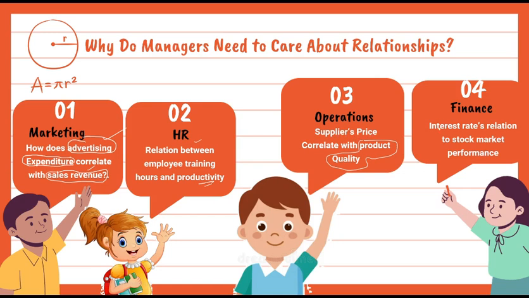In finance, it might be interest rate in relation to stock market performance. A few days earlier, there was news that the interest rate is to be decreased by the American government. It means that some money from Americans, or those people investing in the US stock market, will be sent elsewhere or invested in some other market.